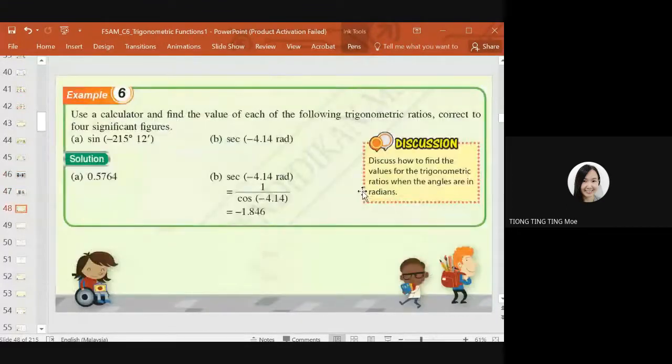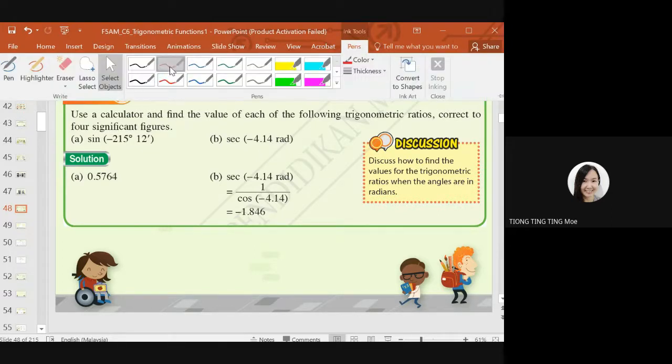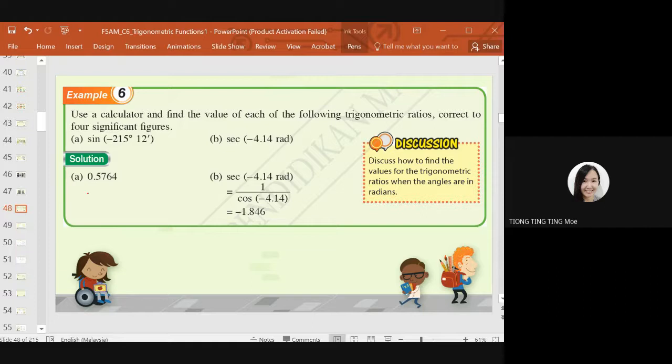Okay, then calculator. This one, the example using the calculator, it's straightforward. You know how to press this? Can everyone press this one? Use your calculator. Sin bracket. Semua orang tekan. Tengok boleh dapat jawapan ini tak? Then this one radian. Syntax error. Syntax error means that you don't know how to press. How are you going to press?